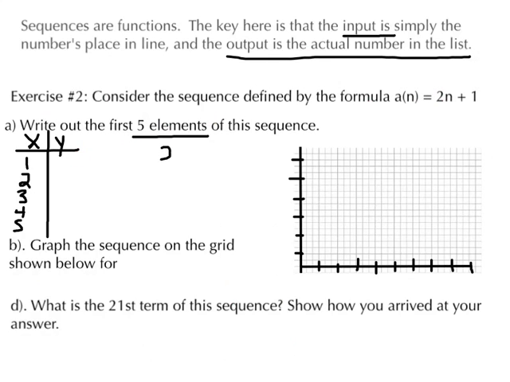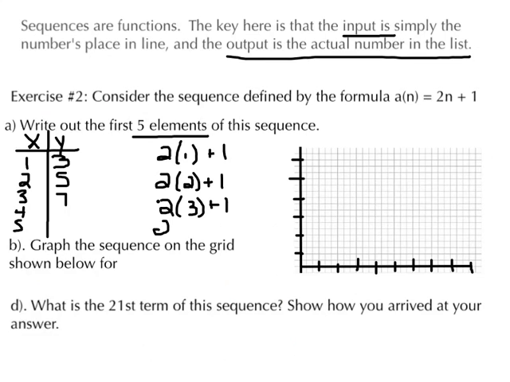So 2 times 1 plus 1. 2 times 1 is 2, plus 1 is 3. My output is 3. I am going to input 2 to my function. 2 times 2 is 4, plus 1 is 5. That is my output. Now I'm going to input 3 into my function. 2 times 3 is 6, plus 1 is 7.